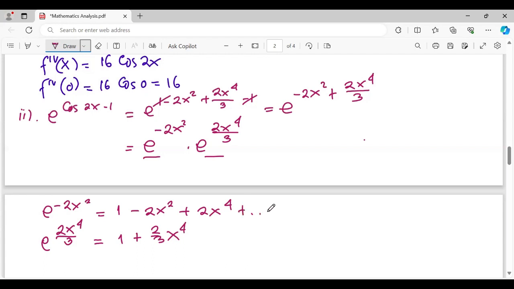This is the expansion, and so on. You can expand, but we are going to find until x to the power 4.